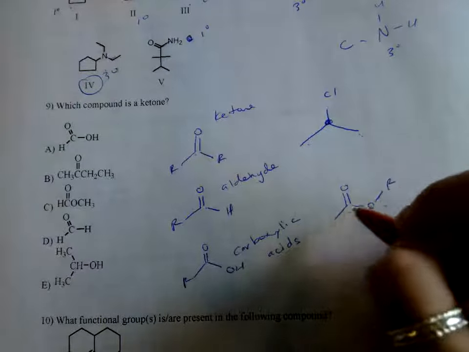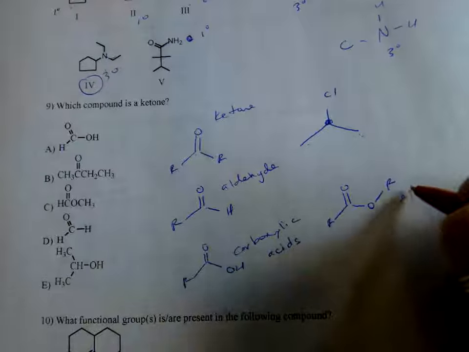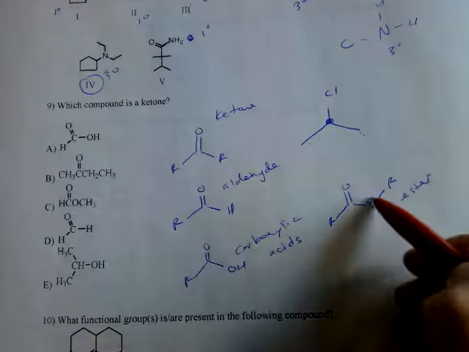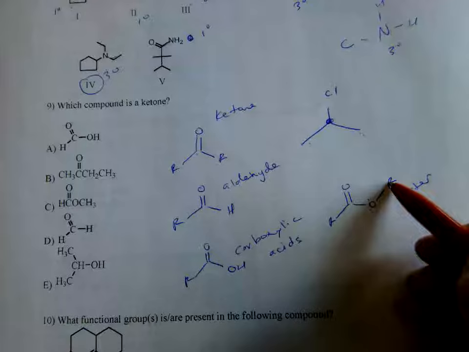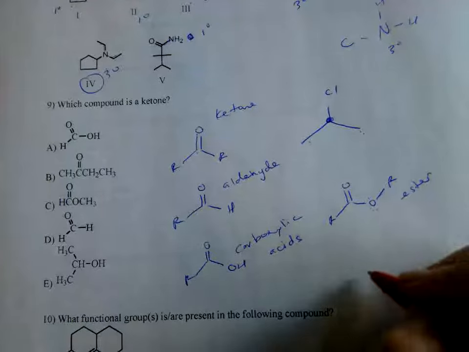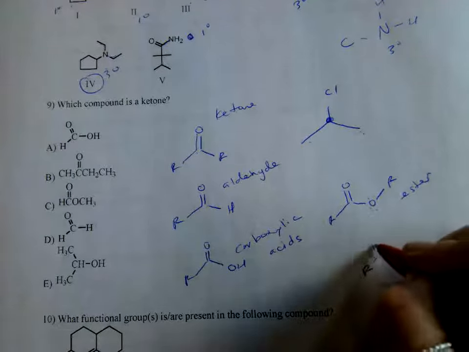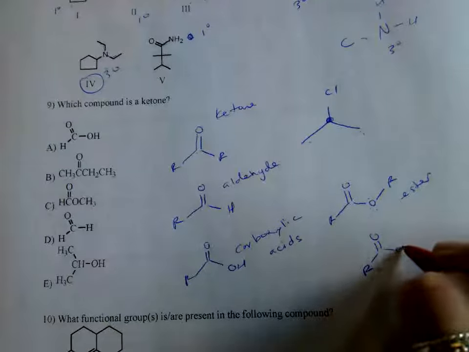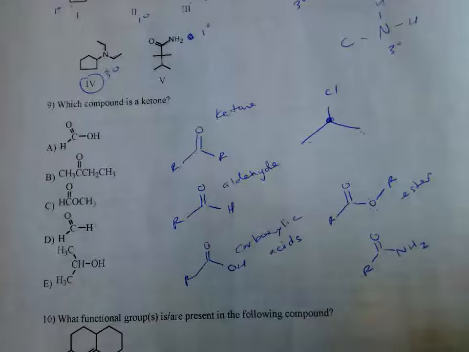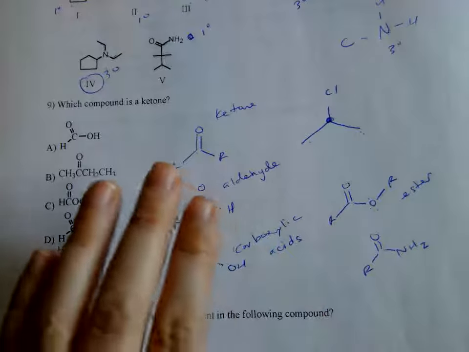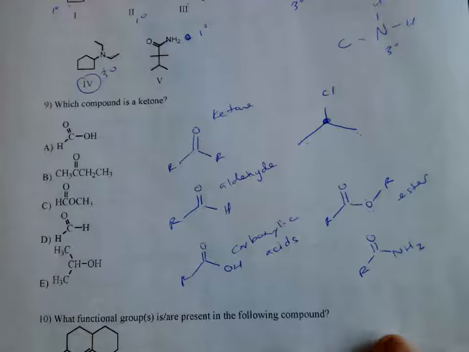And then this is an ester. An ester has an oxygen and then an R group. And then finally we have an amide. So these are all the different carbonyl carbon groups, basically.